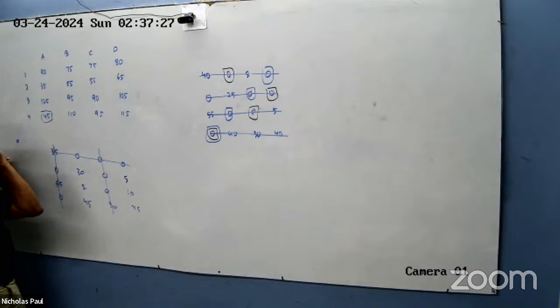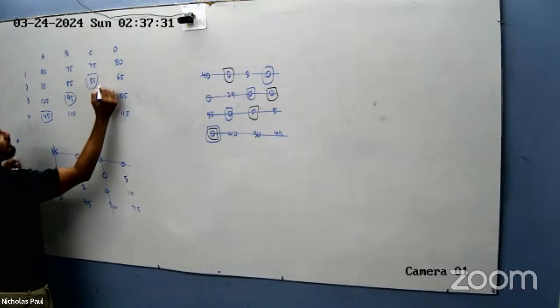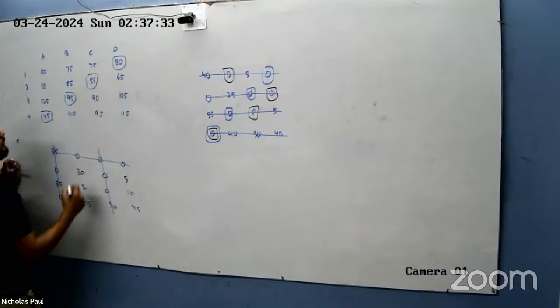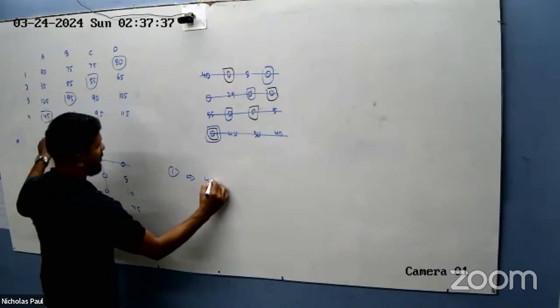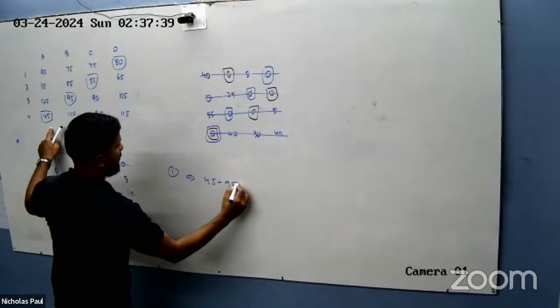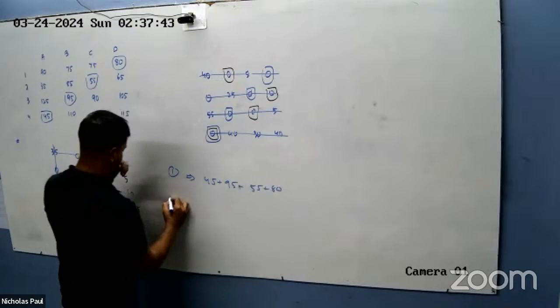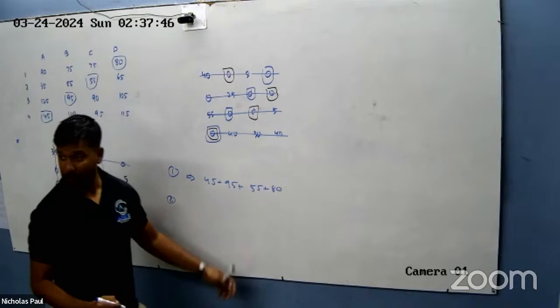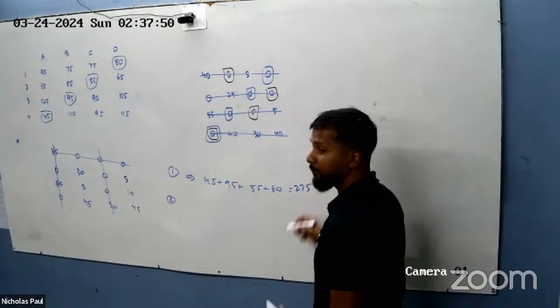So it's 45 plus 95 plus 55 plus 80. How much is this? That's option one. Option one is how much? And then the black's supposed to give you the same thing.